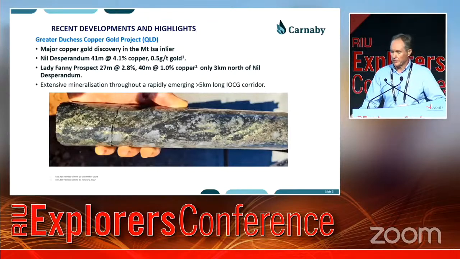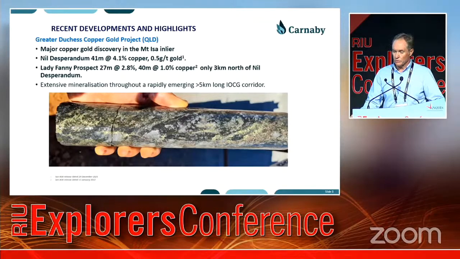We've had a fair bit of press with our Greater Duchess Copper Project, where just before Christmas we announced a major copper gold discovery at the Nil Desperandum prospect, where we intersected 41 metres at 4.1% copper.